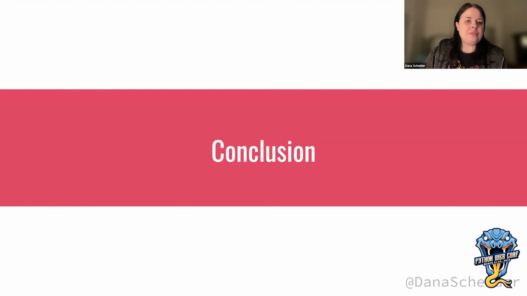So these are all things that you can do to improve quality processes in your organization. And I hope that there was stuff in this talk that you can apply regardless of what your position is within an organization.